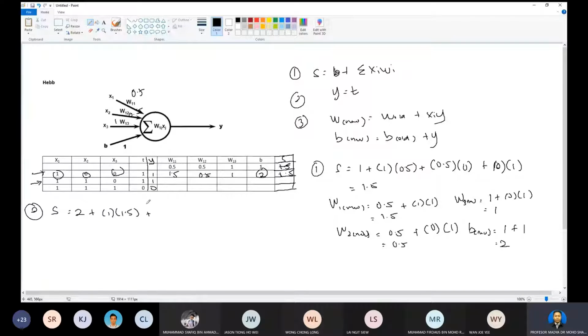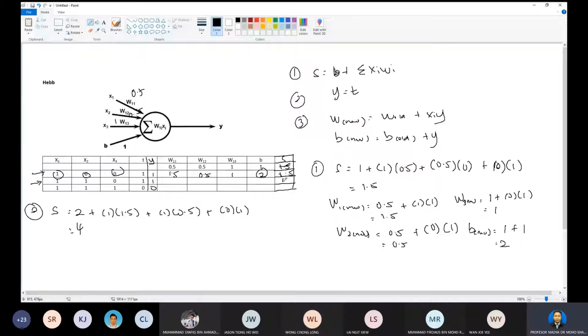Second is 1, and then weight 0.5, plus x3, which is 0, weight 3 is 1. So the answer is 2 plus 1.5 plus 0.5, which is 4. S will be 4.